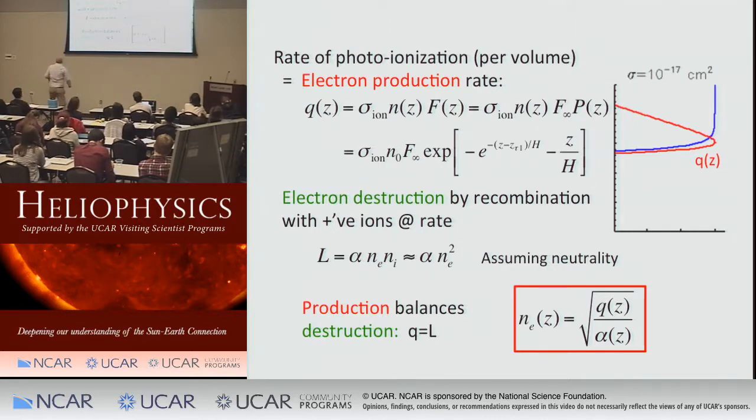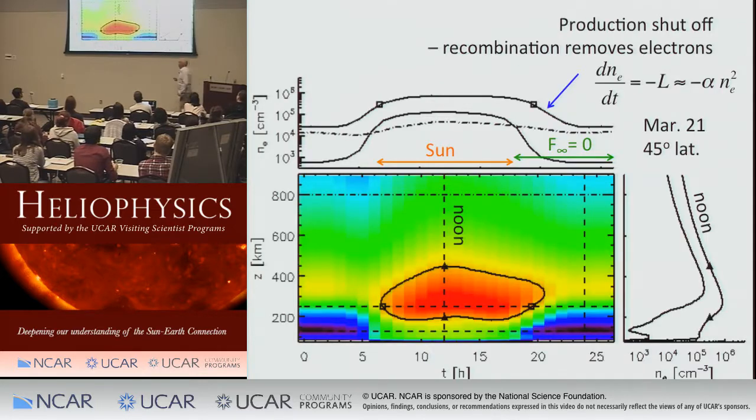Unless you're in one of the polar regions, then it happens once per year. So at that time, I have only losses. I'm going to lose my ionosphere, I'm going to lose my free electrons at a certain rate, and the interesting thing is that rate is going to depend on the density squared.